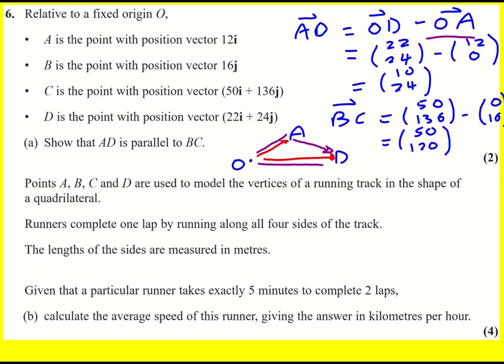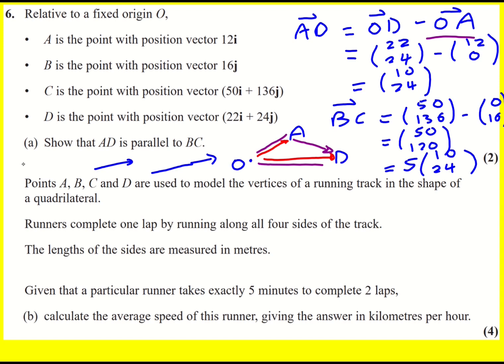We're trying to show that AD is parallel to BC. If two vectors are parallel, that means they're going in the same direction, and they'll basically be scalar multiples of one another. So I can see I've got 10 in the first one and 50 here. If I factorize a 5 out, I divide through by 5, so I get 10 and 24. And that's all I need.